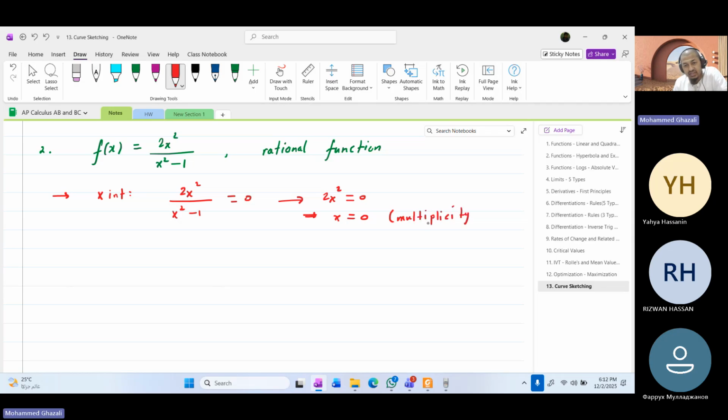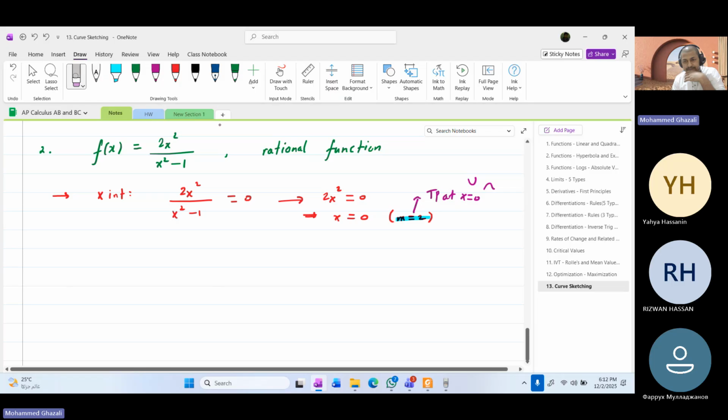I'm just going to write m equals 2 instead of writing the entire multiplicity part. So remember, m is equal to 2. What does multiplicity even mean? It means there's a turning point at 0, a TP at x equals 0. It's either up or down. We can't say whether it's up or down because we have to check.